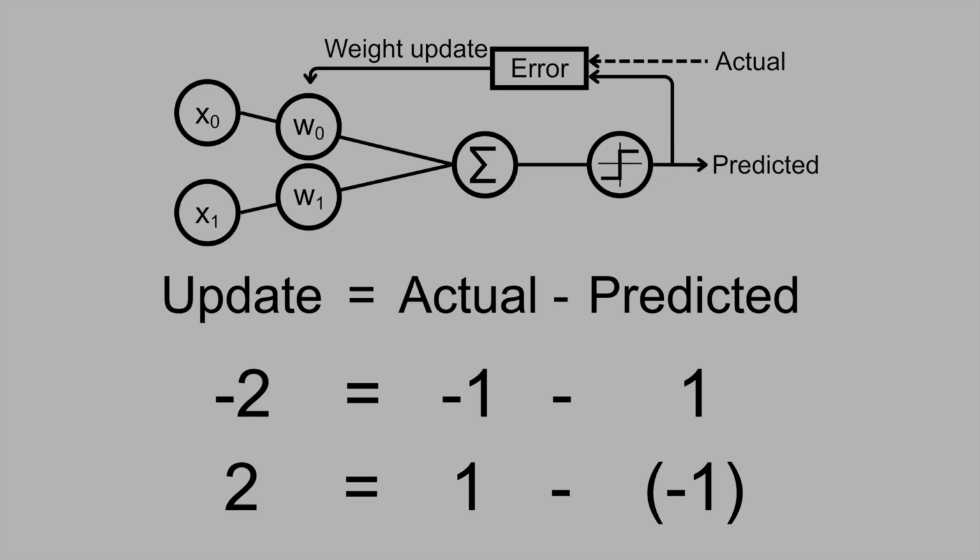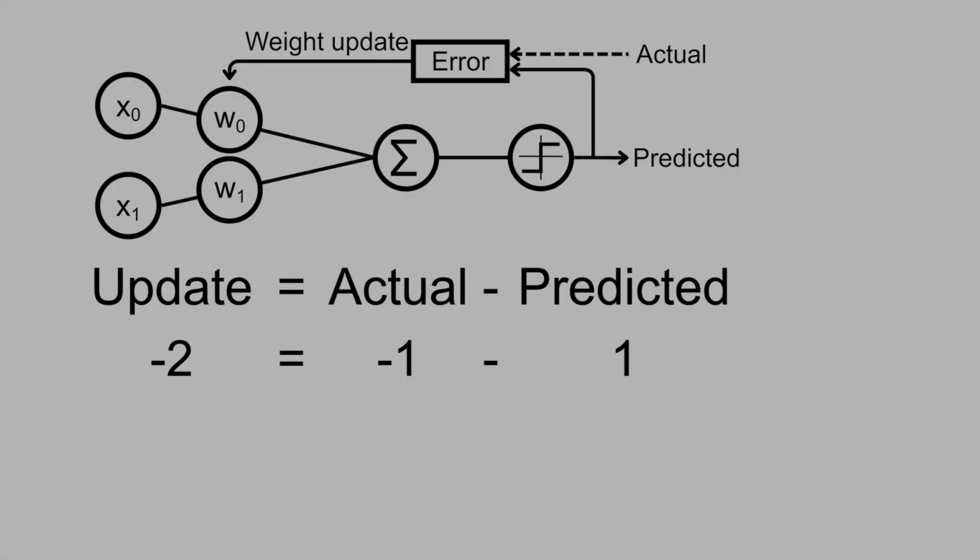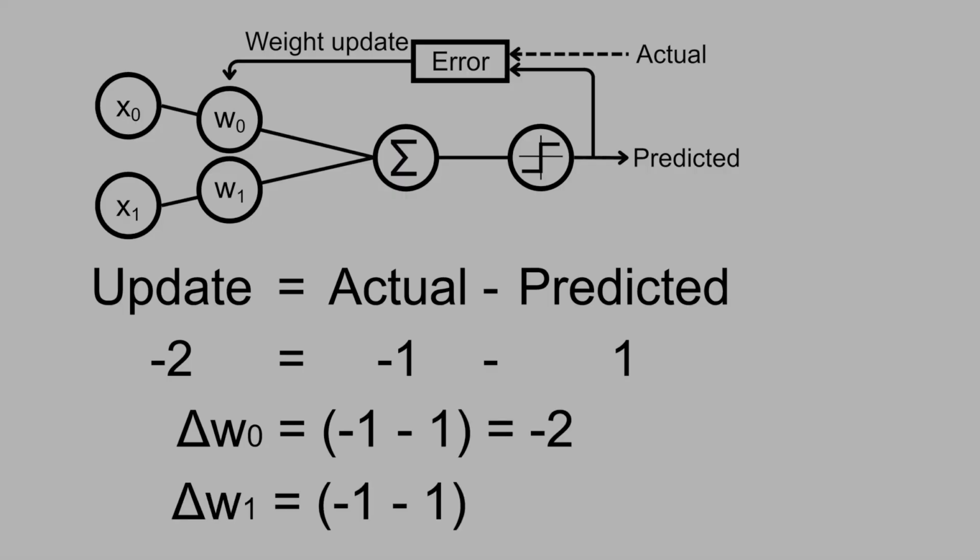Now, here's the key insight. This update happens for all weights. So for our incorrect prediction, update is -2. Delta W0 equals -2. Delta W1 also starts with -1 minus 1, so -2, but we multiply by the input value x1.